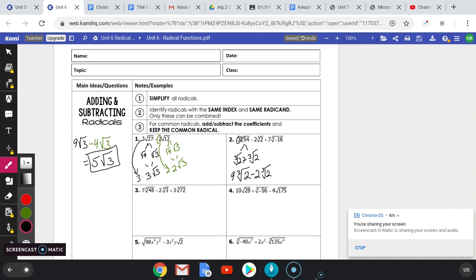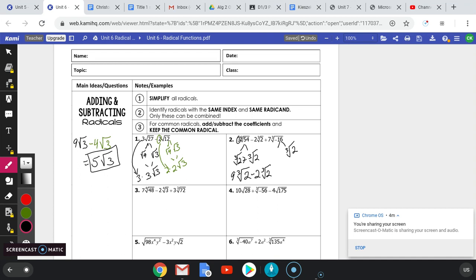Let's look at the next one here. Because the whole idea is I want to get the same radicand, there should be a cube root of 2 right here. And in fact, what is the biggest perfect cube that can go evenly into it?